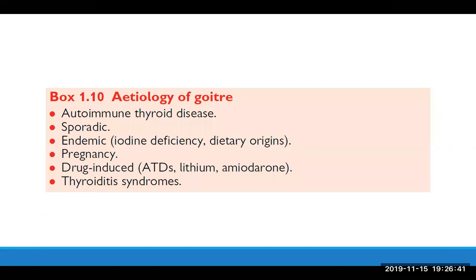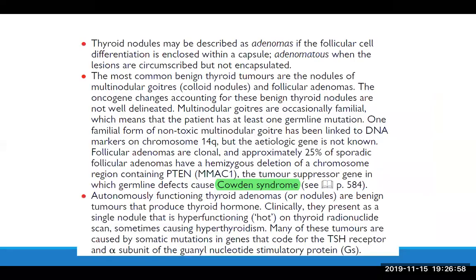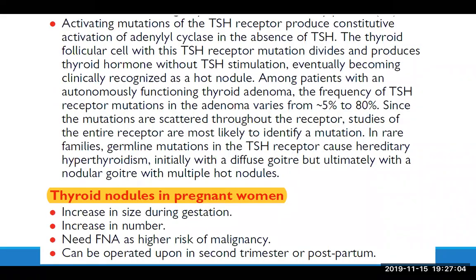Etiology of goiter: autoimmune thyroid disease, or sporadic or endemic, especially iodine deficiency or dietary origin. Pregnancy will cause physiological goiter, and also drugs like antithyroid drugs, lithium or amiodarone can cause a goiter, and most cases of thyroiditis can cause a goiter. Pathology is not important, but a thyroid nodule in a pregnant woman may increase in size and number during gestation.